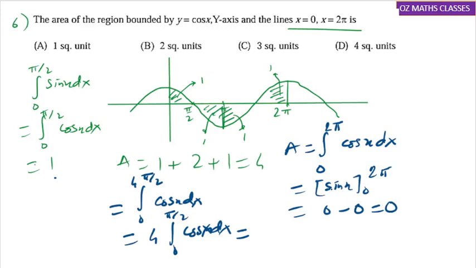Okay. So here you get the integration of sin x from 0 to pi by 2, with 4 times ahead. So you will get 4, since sin pi by 2 is 1 and sin 0 is 0. So here you will get the answer 4. Okay. So better if you have knowledge of graph, it will be easy to find the answer.